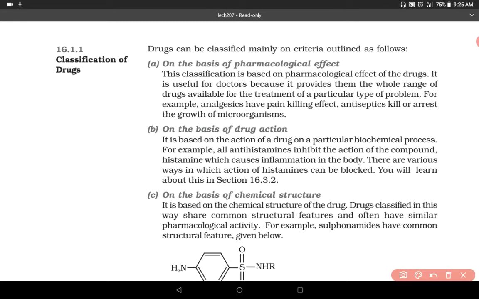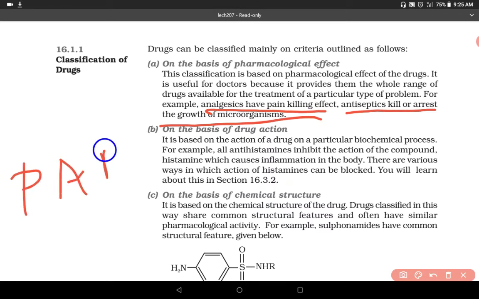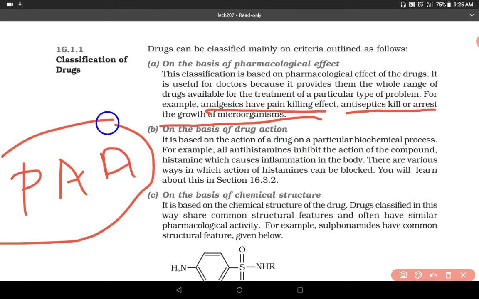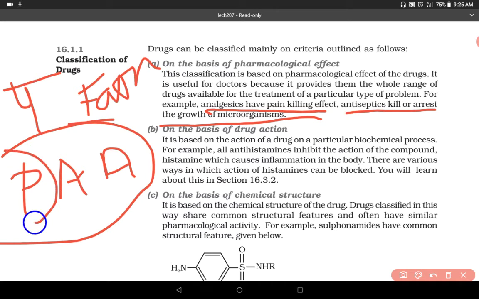We have to remember the main thing: analgesics have a pain killing effect, and antiseptics kill or arrest the growth of microorganisms. So, PAA, pa. What do you mean by pa? In your language you can call your father pa. Remember this. What is P? Pharmacological effect.